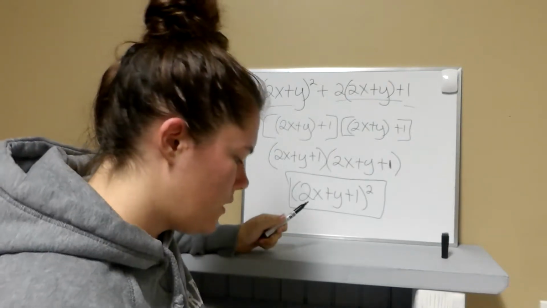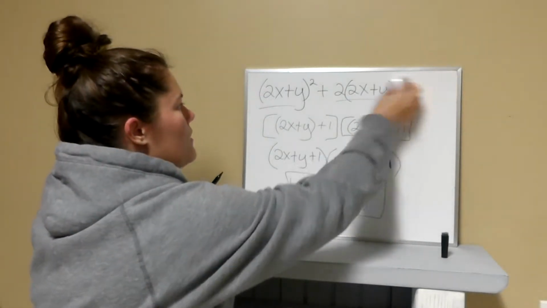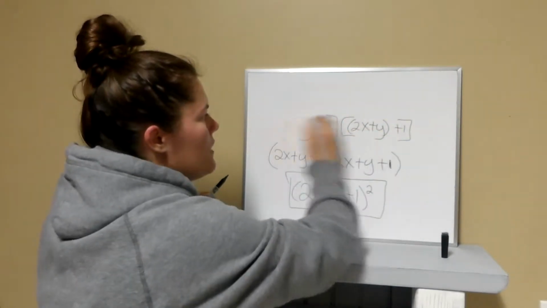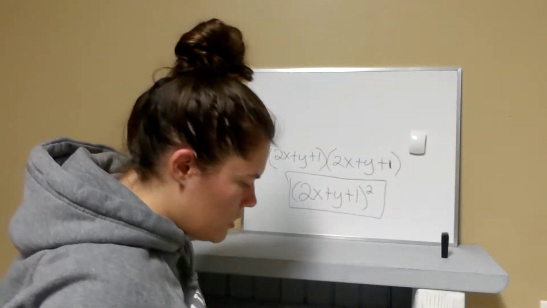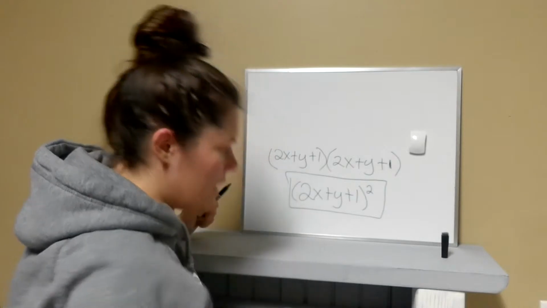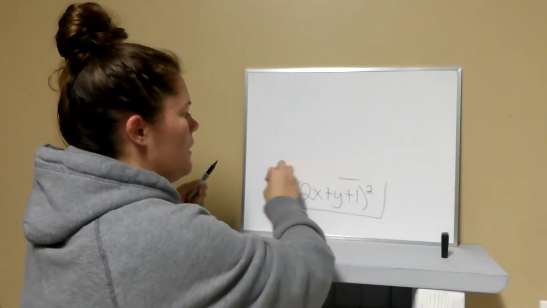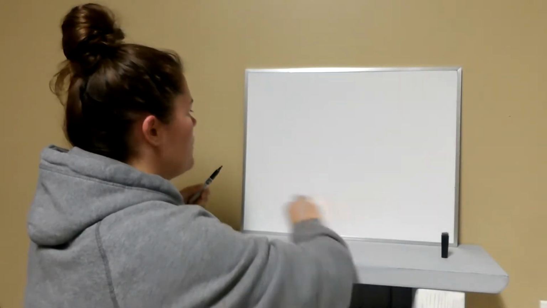Now I'm going to do number 28 with you guys really fast also, and then for homework in this section, you're going to do numbers 29 and 30, just to see if you understand it.